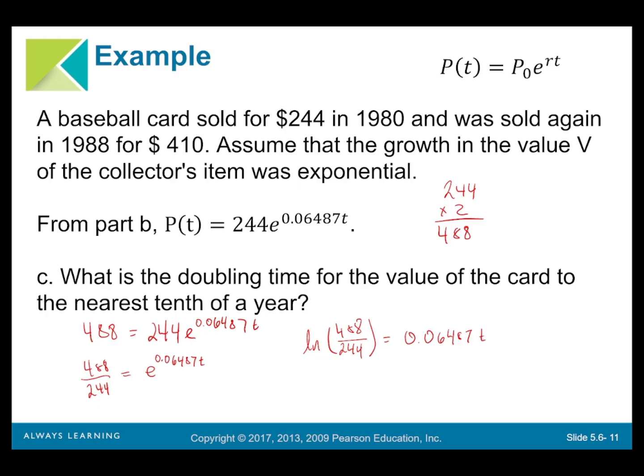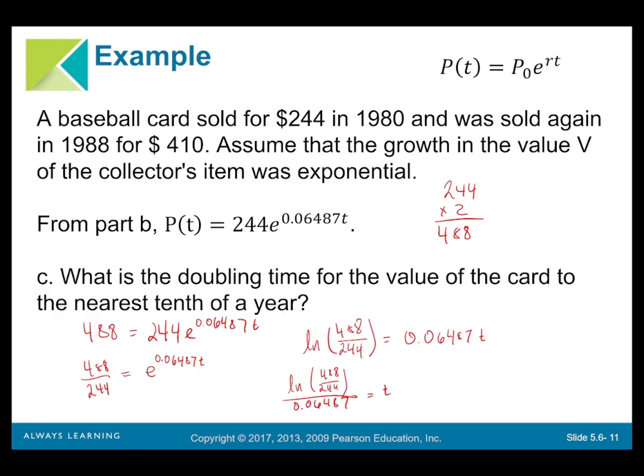Remember, natural log of e cancel each other out when we're left with just the exponent. So now I just need to divide the 0.06487 over to the left-hand side, and I get ln 488 over 244 divided by 0.06487, and that equals t.